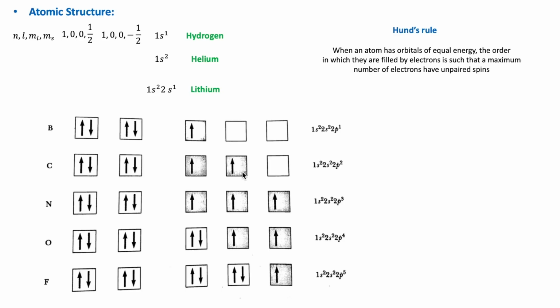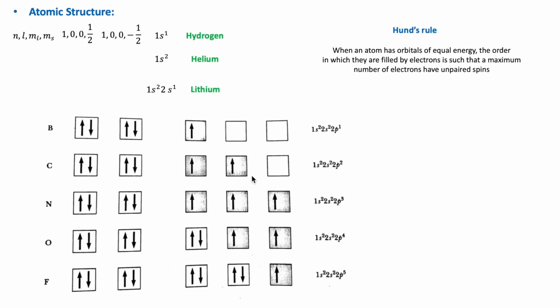Okay. So it means that these unpaired electrons occupy different orbitals, which minimize the electric repulsion between them, and so it lowers the energy of the atom as a whole, and that is why it is the preferred configuration.